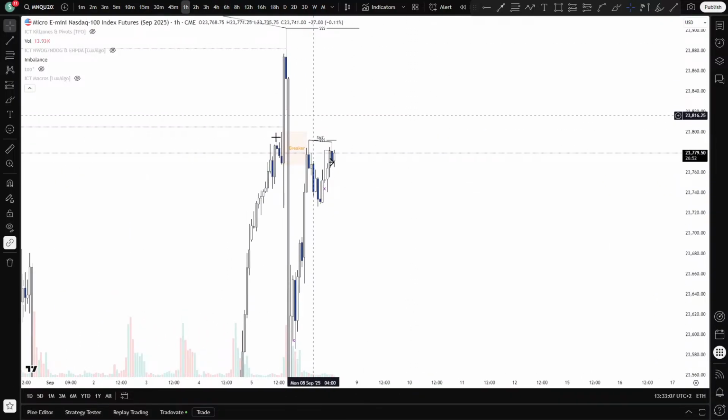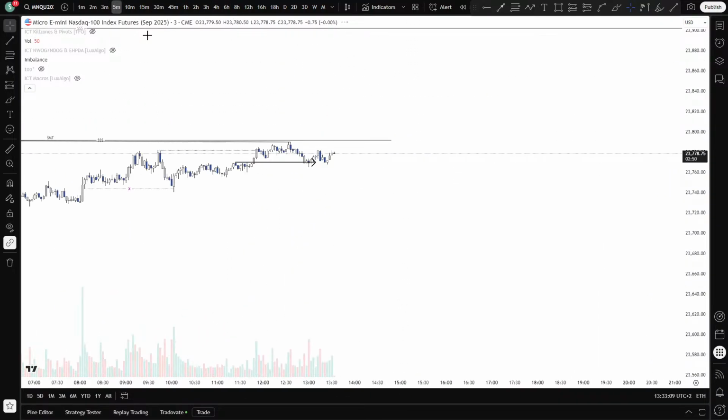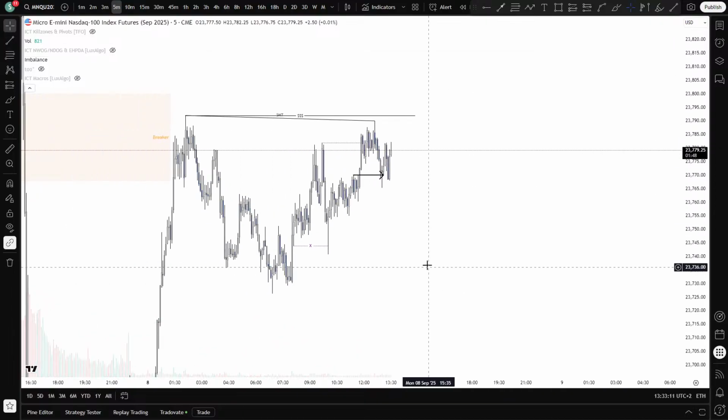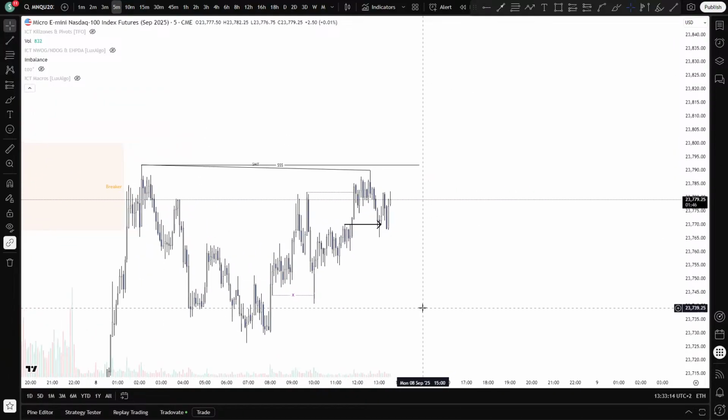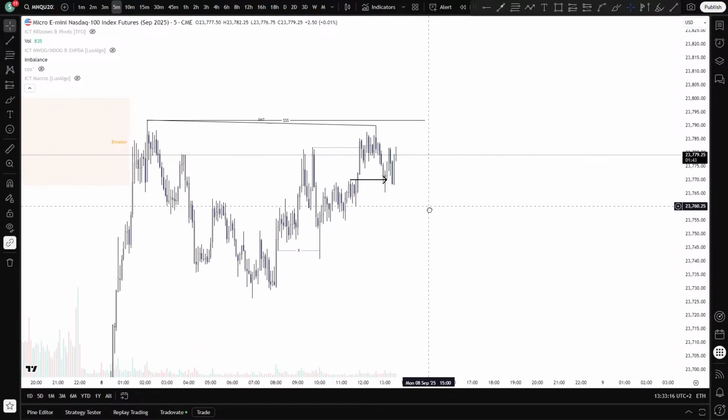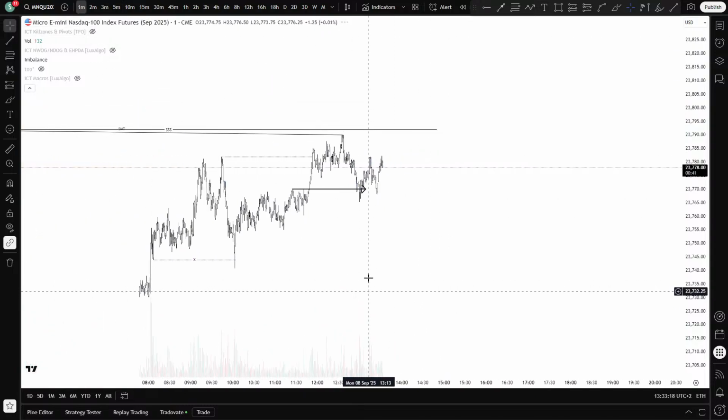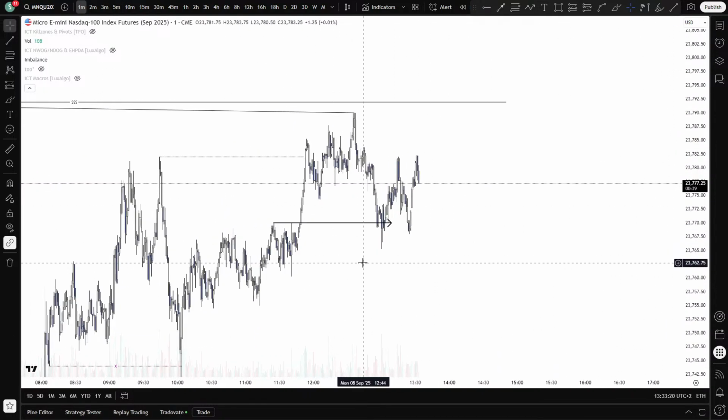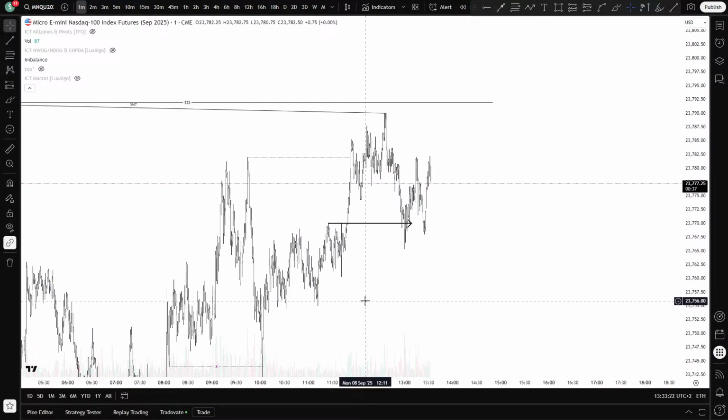Knowing that, let's zoom in on the lower time frame, because that is where the magic happens on the Nasdaq. I had this level in my chart. This is just your first hold that you want to look for support to continue your trend.